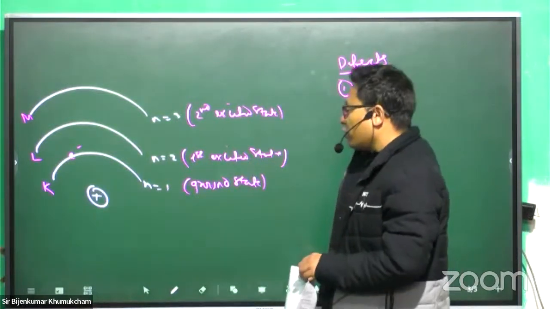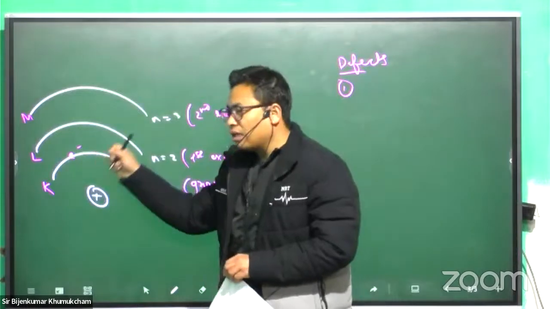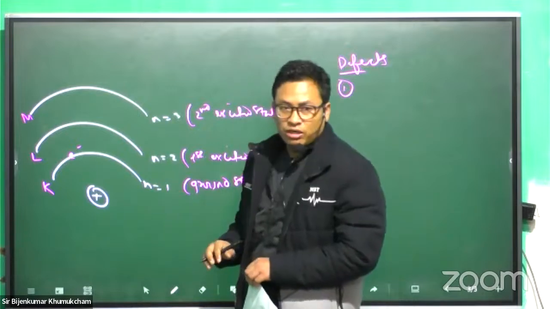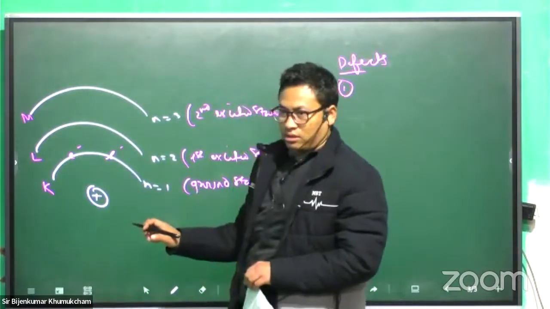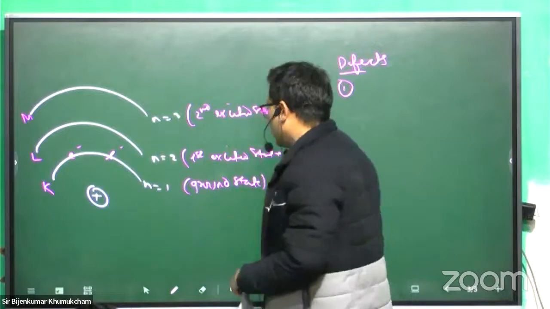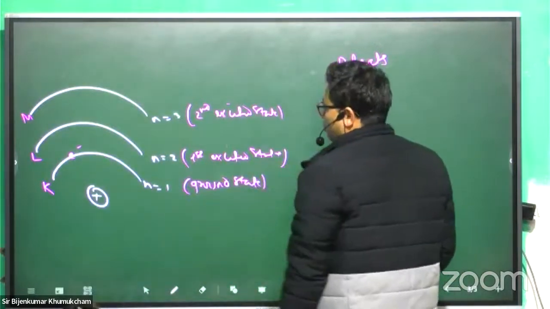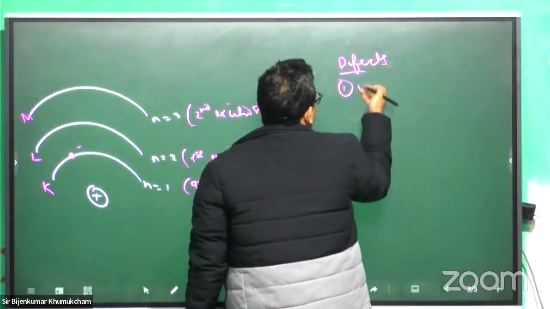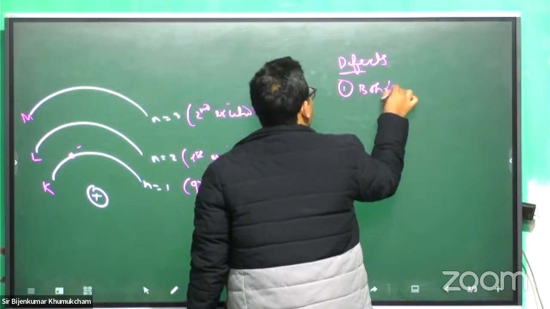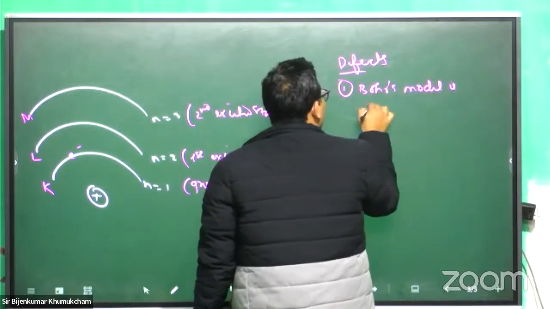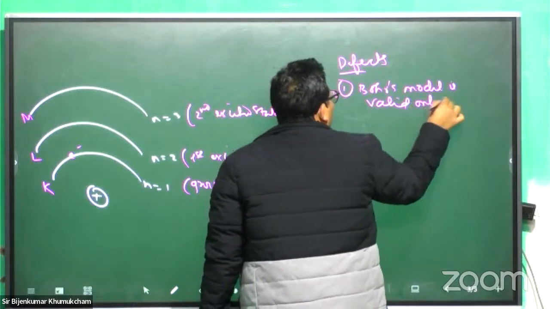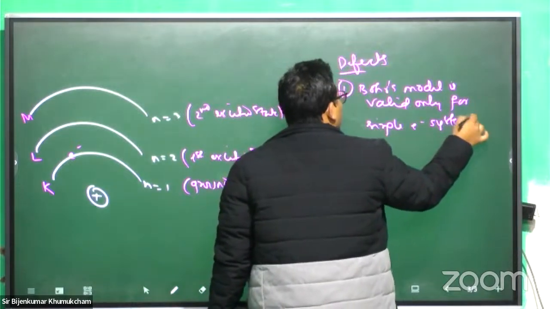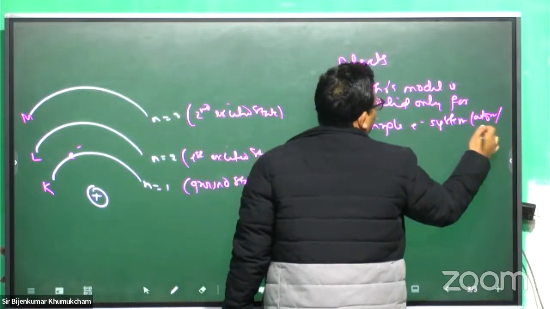Bohr's model is valid only for single electron systems. It is very difficult to predict the model using Bohr's theory for more electrons. So Bohr's model is valid only for single electron systems, atoms or ions.